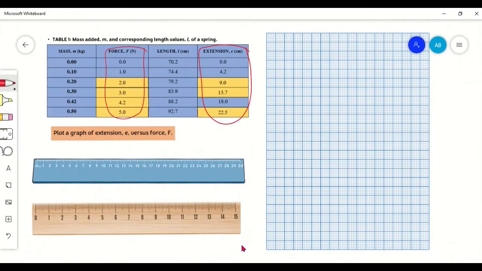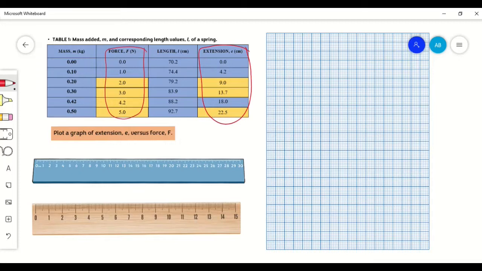Think of it as putting a ruler on the screen, like you see here. This is a 30 centimeter ruler. If you wanted to measure up to 22.5, you couldn't use a 15 centimeter ruler. So whatever scale you use, you should be able to get this value here, 22.5. You can't make the scale so short that you cannot get up to 22.5.